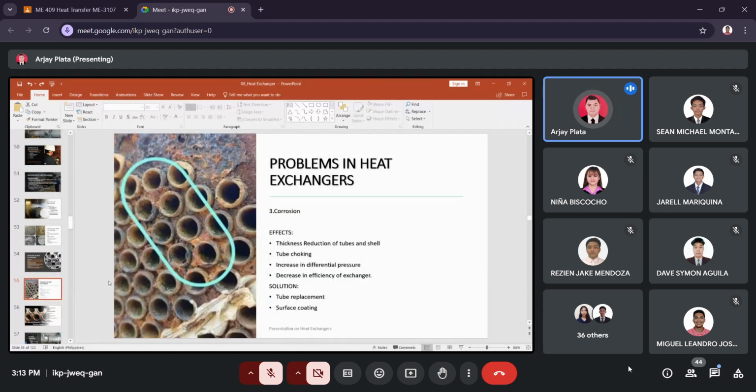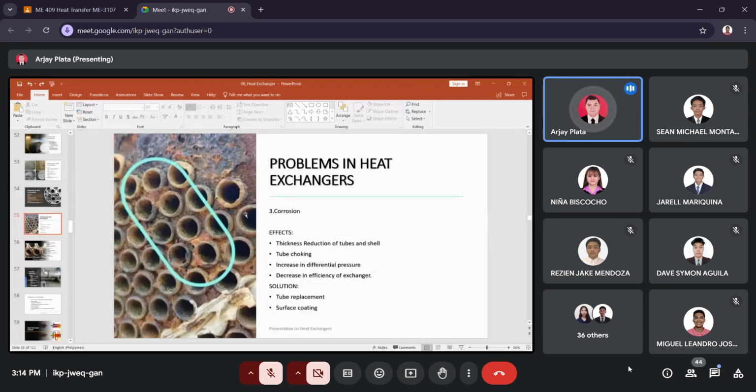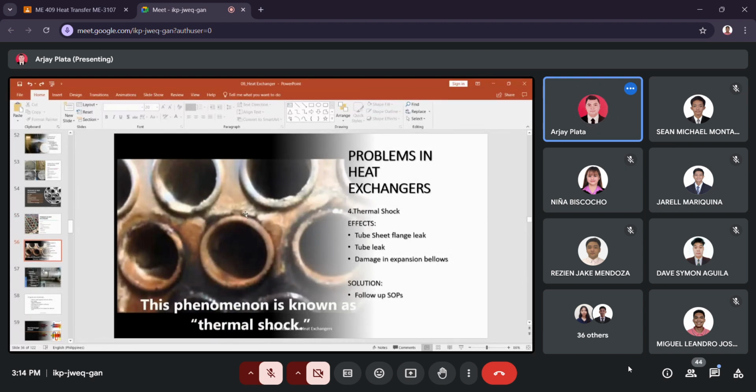Okay, so these are corrosion. The solution here is tube replacement or surface coating. And this one is thermal shock. It happens when there is a tube leak or damage in expansion bellows. To avoid this, we must follow the standard operating procedure.